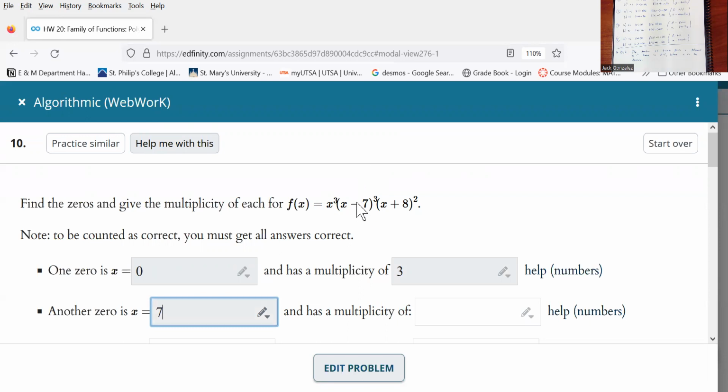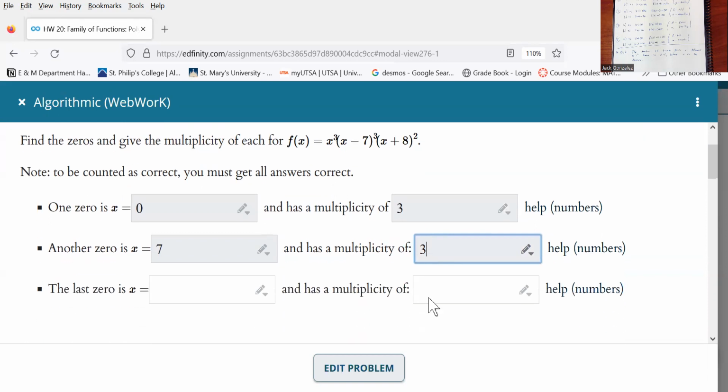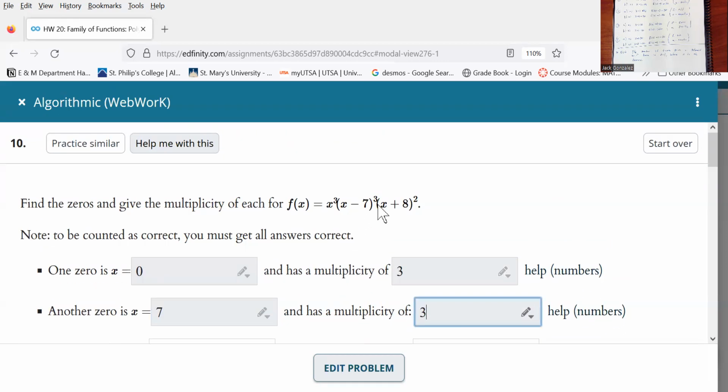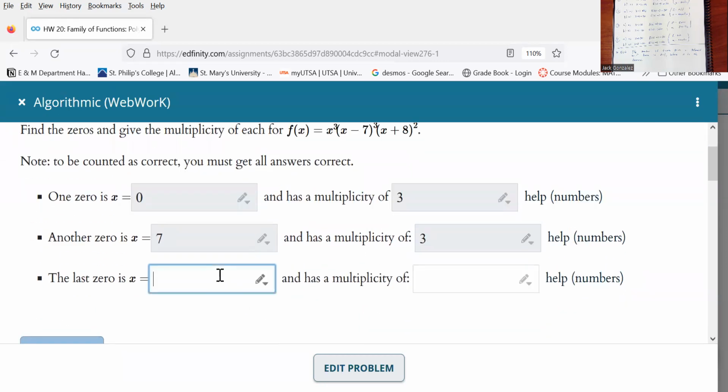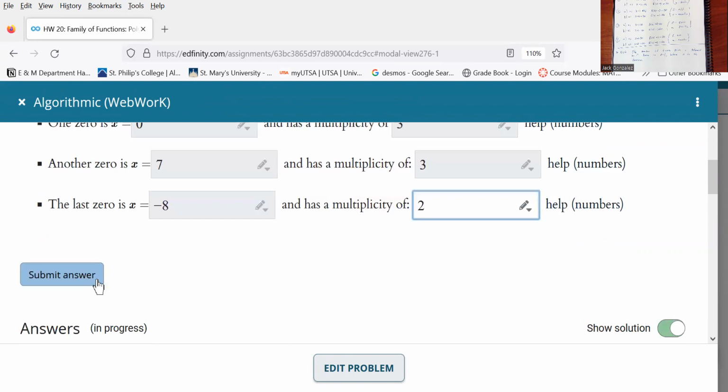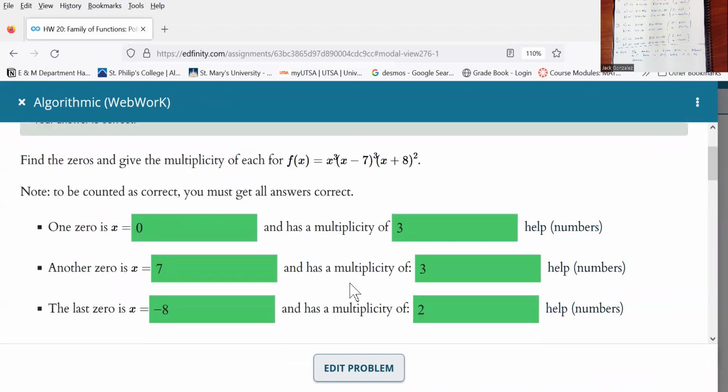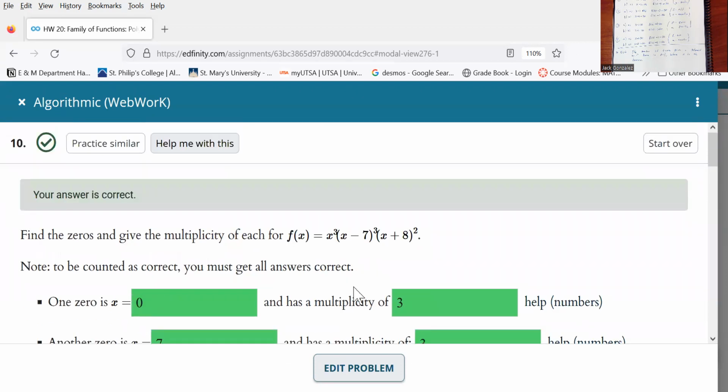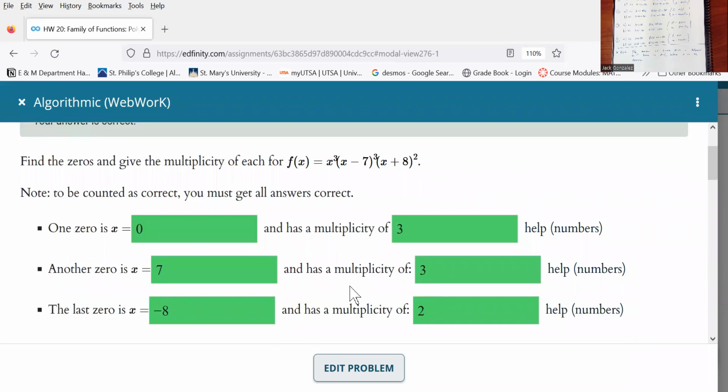So plug in 7, this would 0 out. That's why I'm choosing 7. It has an odd multiplicity of 3. Then you go to the next one, -8. Is it 2? And that's it. That's all you gotta do. Does that make sense? Okay.